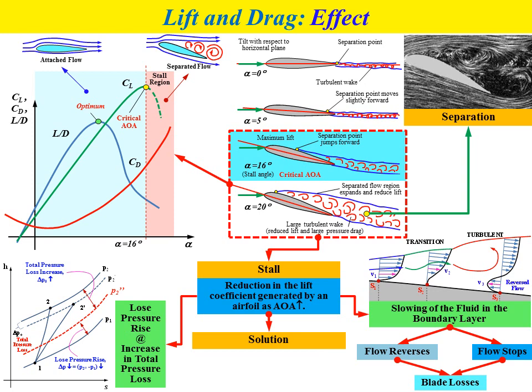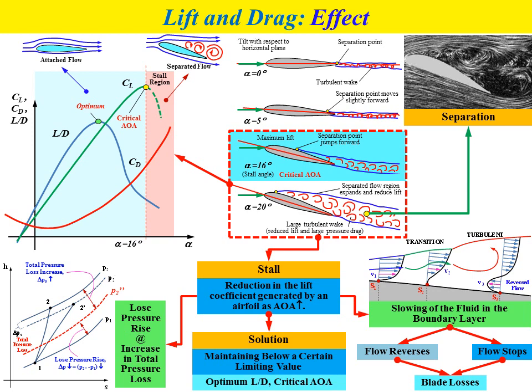Okay, what is the solution to prevent the stall phenomena from occurring during operation? First, we need to maintain the angle below a certain limiting value. As we discussed before, we need to consider the optimum value of L over D, and also focus on the value of the critical angle of attack for a certain blade profile.